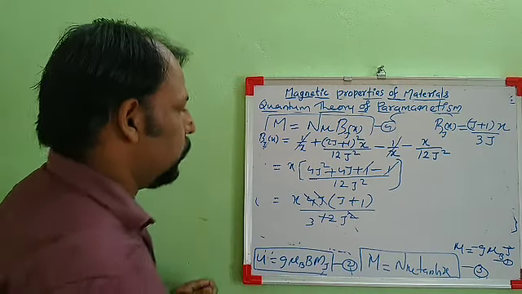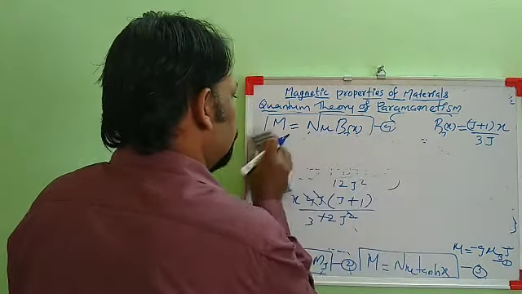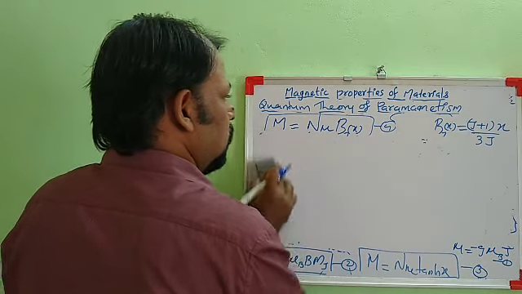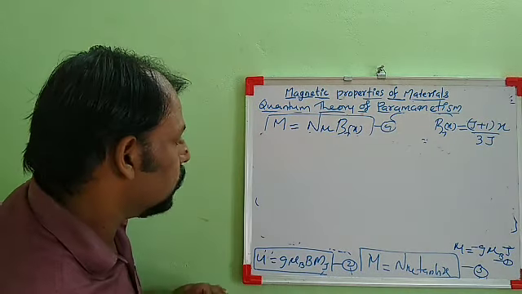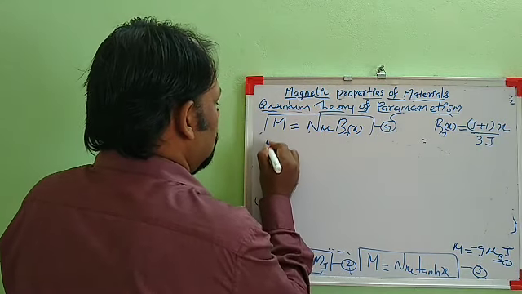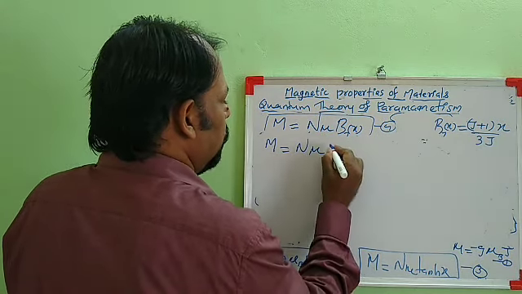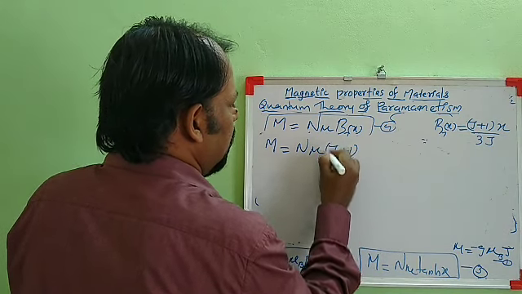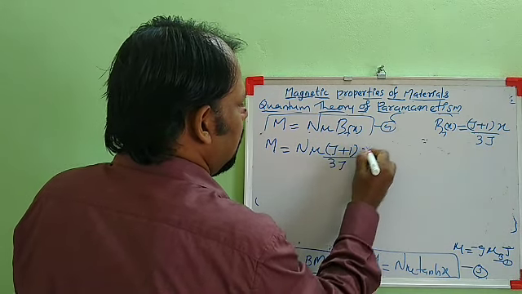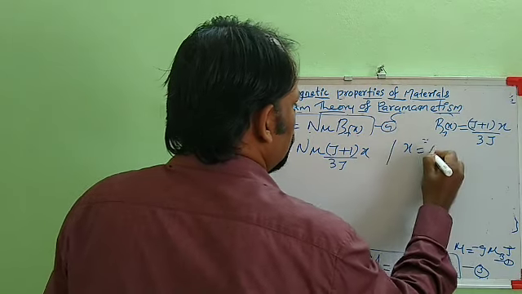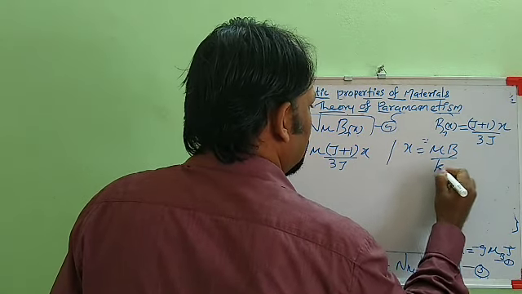Substituting that value in this equation, magnetization M equal to n mu into Bj, that is (j+1) by 3j x. X is mu B by kT.